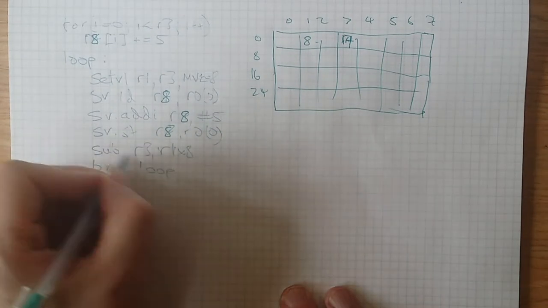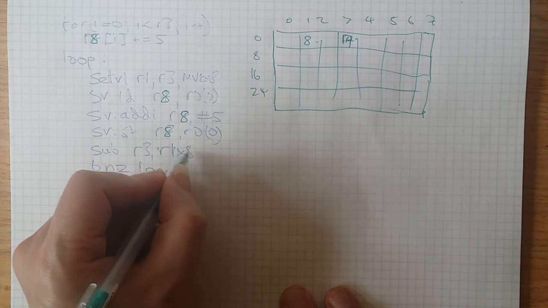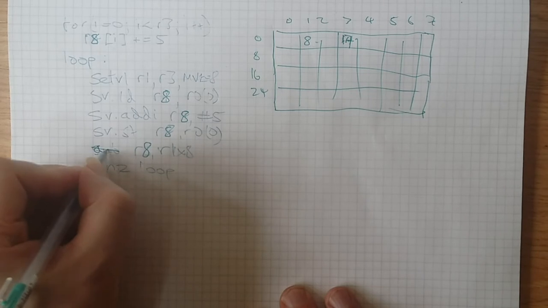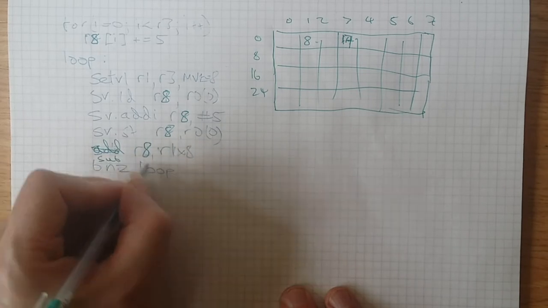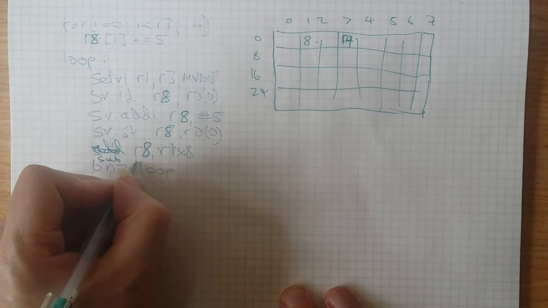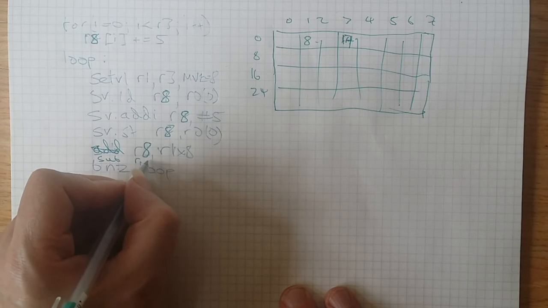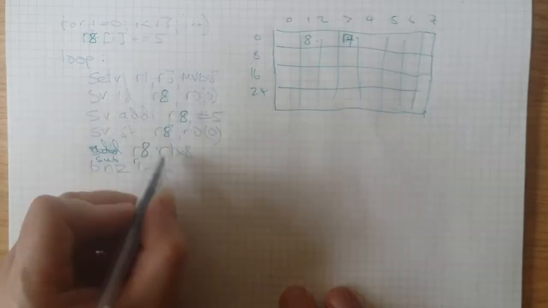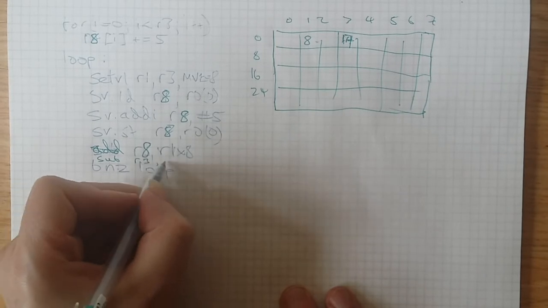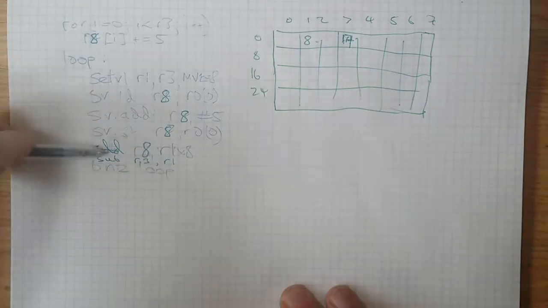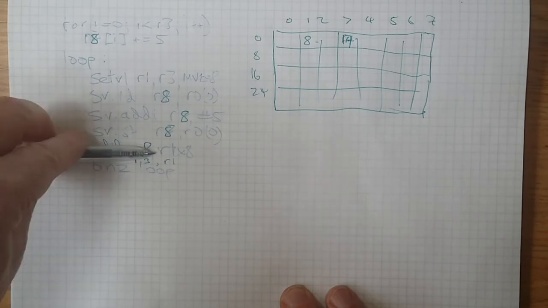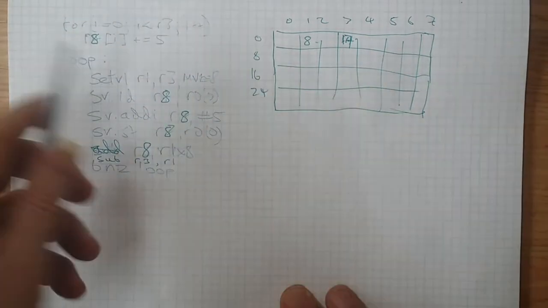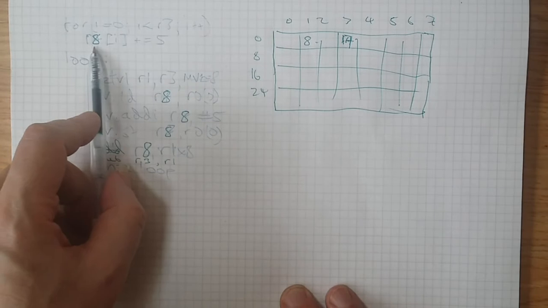Oh, and sorry, I've missed out an instruction here: sub R3, comma R1. What we're doing here is incrementing the pointer R8 by the amount that will move along to the next batch of 8 variables in memory.